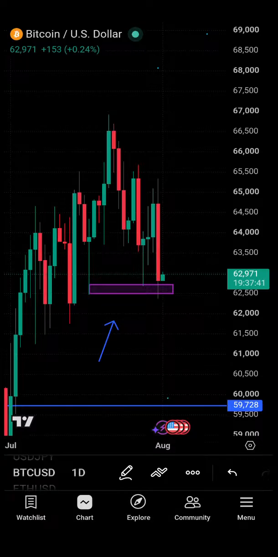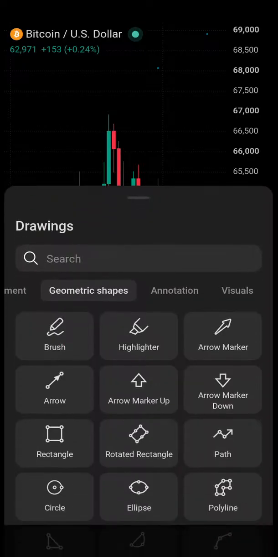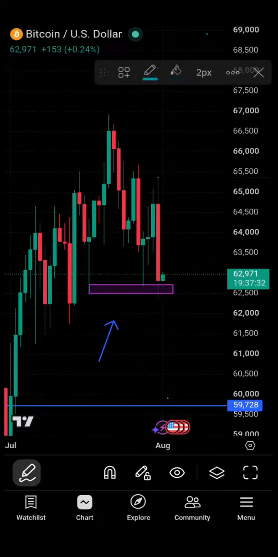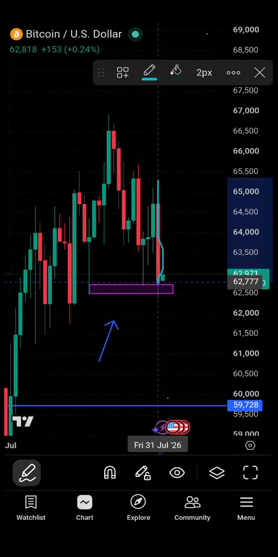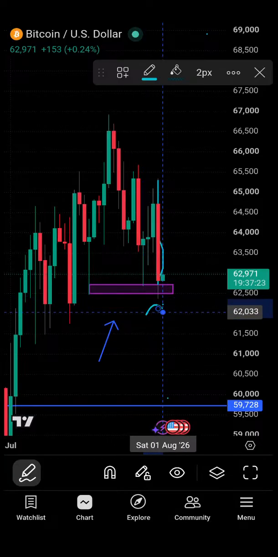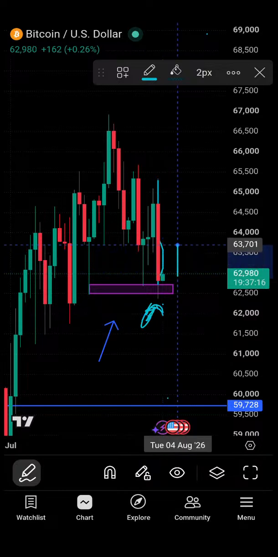Okay, so you can see that the price moved with a strong momentum towards the downside and got some rejection here, and now it is going for a retracement, to retest.